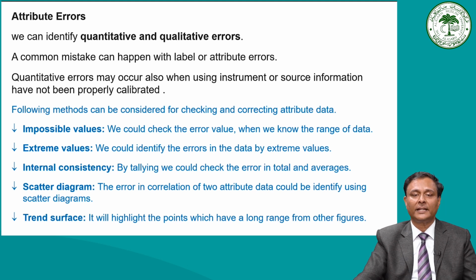And this would cause an error that the map user may not notice because they may not be familiar with the terrain, the area in question. The second kind of attribute error can be the quantitative error. It may occur if the instrument or source of information has not been properly calibrated or checked.